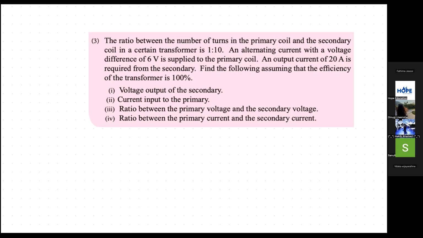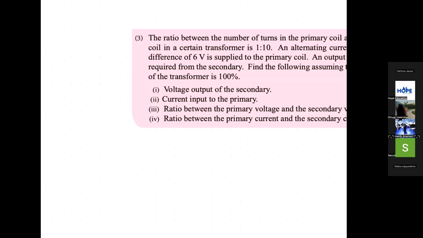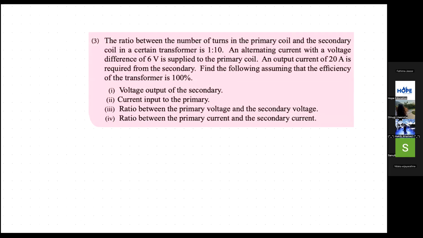Then Sanuli, Nilaka, Fatima, Dinugi, then Disal, Oneli, Yashini, Batula, Senate Oneli also done. All right. I think we can discuss. Kids, for about half an hour, I will keep my camera off, and then I will switch it on.